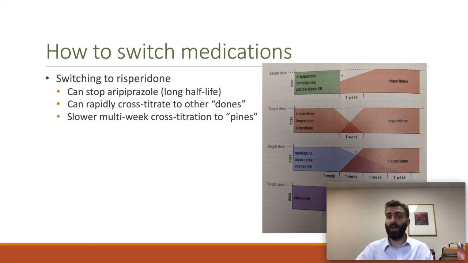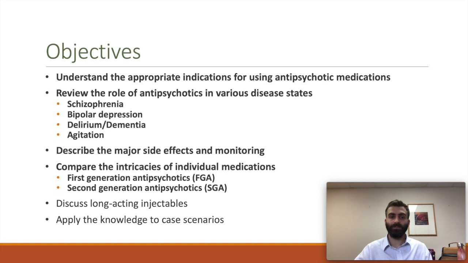So the 4-week cross titration, nice and slow, take your time. So the major point with how to switch medications: if it's something really similar, like paliperidone to risperidone, you can do it quickly. If it's something very different, like risperidone to clozapine, you want to do that switch more slowly. So that's the major point I wanted to make there.